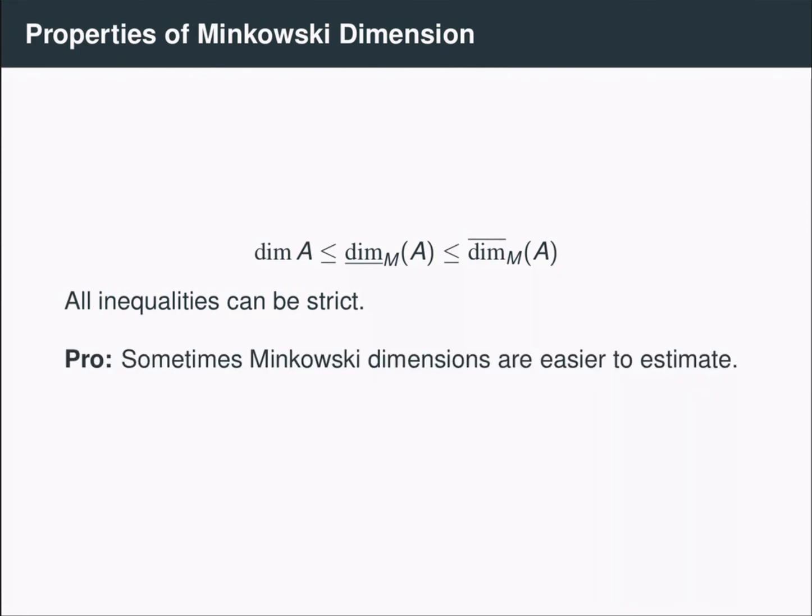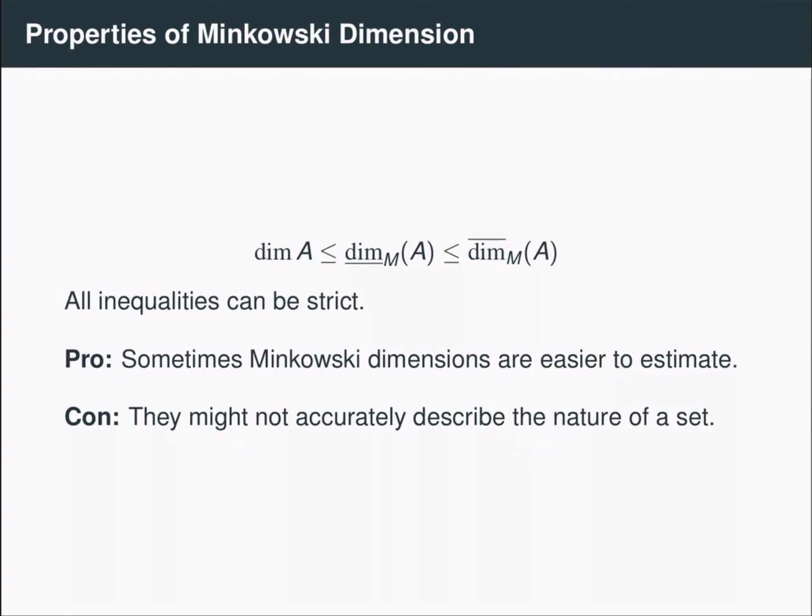Well, one reason we like to work with Minkowski dimension sometimes is that it has a simpler definition and hence is easier to compute. And thus it can give you an easy upper bound on the Hausdorff dimension of a set. The disadvantage, however, is that the nature of Minkowski dimension is quite different from Hausdorff dimension, and sometimes it returns dimensions that don't coincide with what we think should be a natural dimension for a given set.